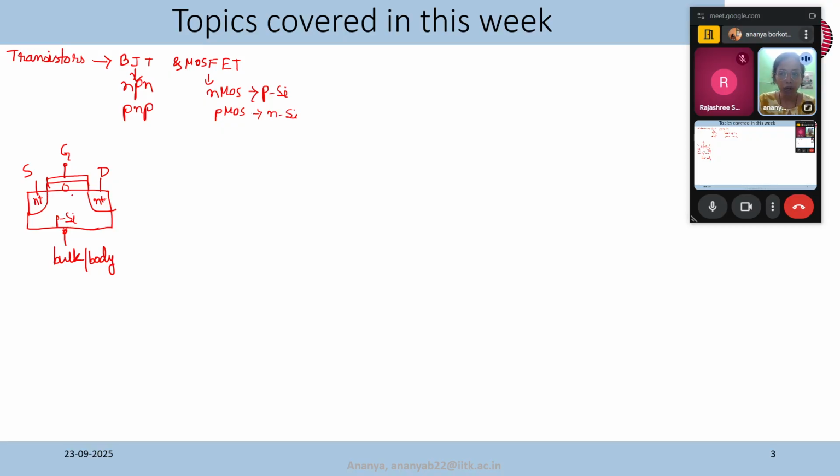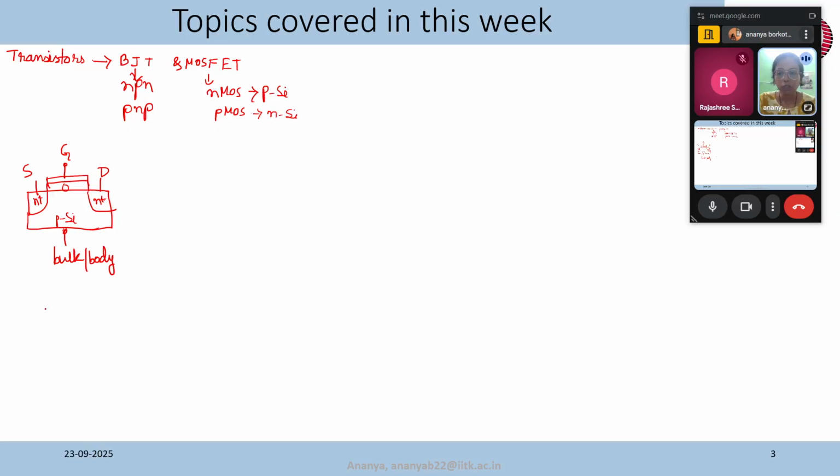We want our channel to form here, and we want our gate to control that channel. We don't want any extra current conduction between these PN junctions, the N plus P and N plus P, these two junctions. That is why the bulk or body terminal is biased in such a way that these two junctions are always in reverse bias.